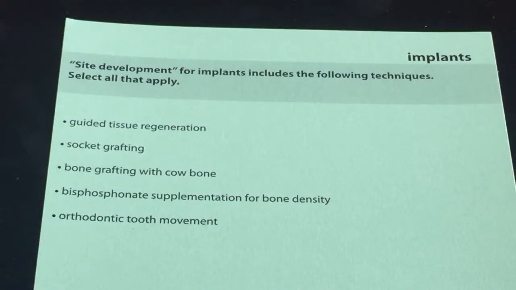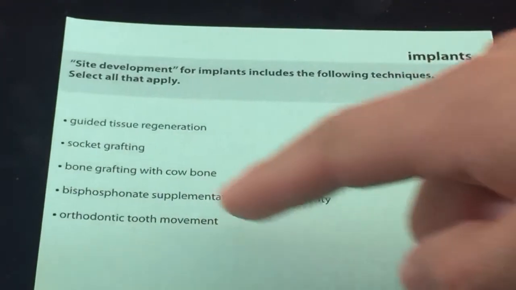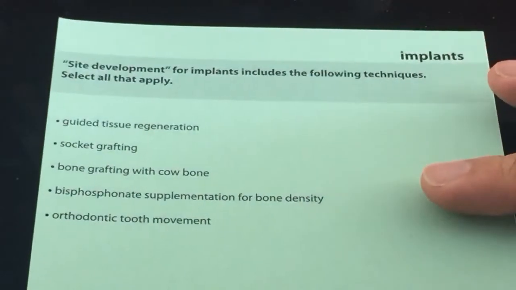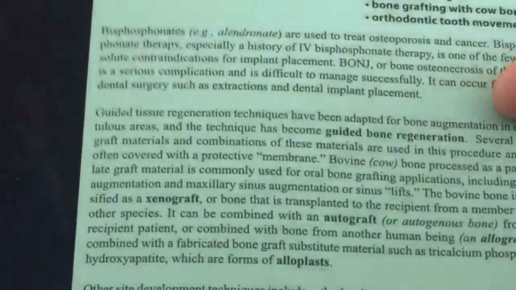Well, that one doesn't. Orthodontic tooth movement. So I will take off bisphosphonate supplementation for bone density. Cow bone is good except bisphosphonate.